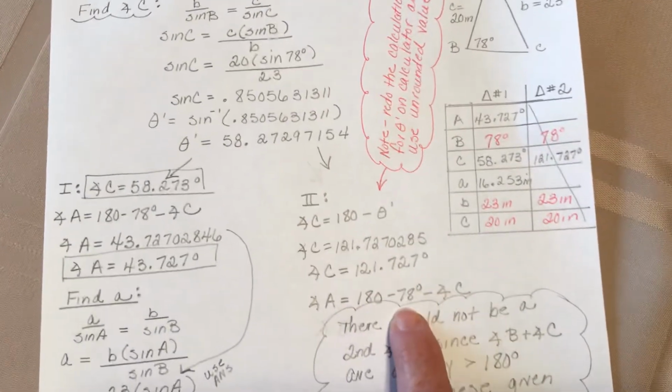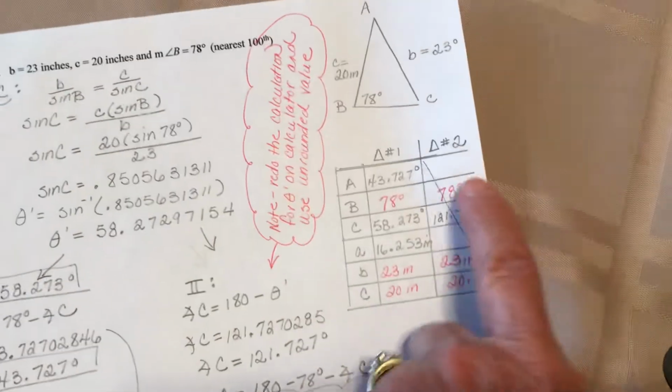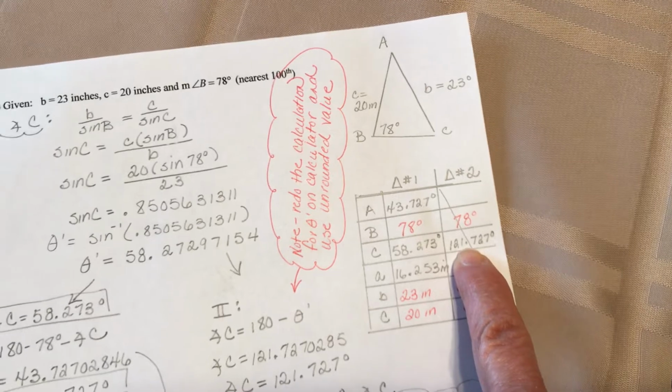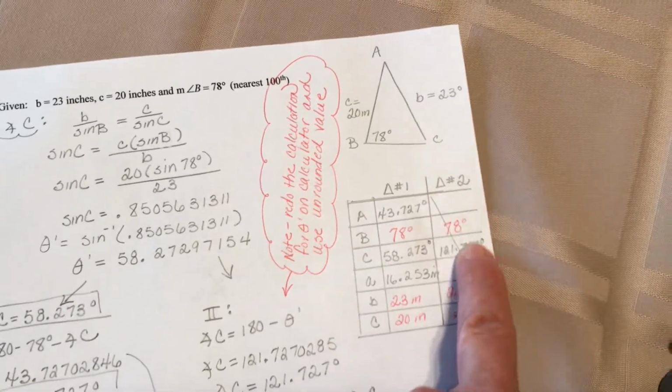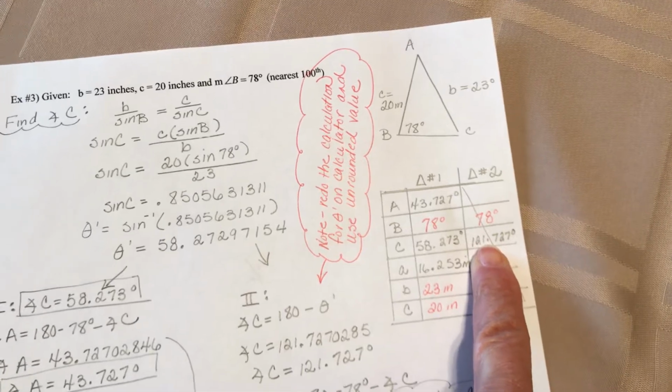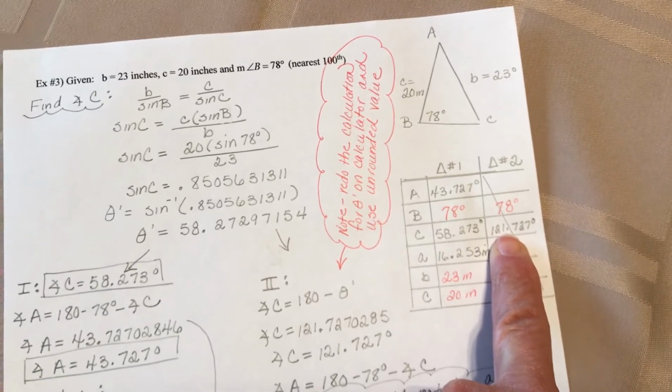Okay, let's stay over here now. If I did that, and I had 78 degrees for angle B and 121 degrees for angle C, together these already add up to be more than 180 degrees, so there can't be a second triangle in this example.